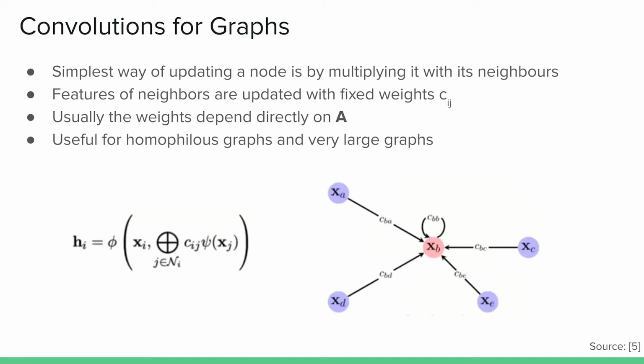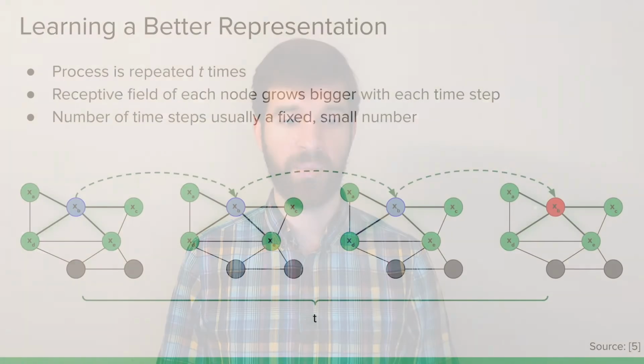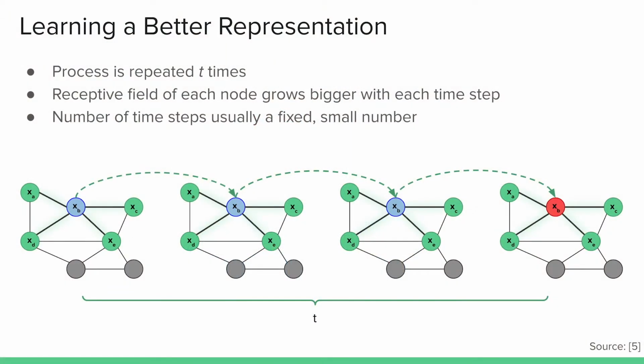This is a basic rule for convolutions on graphs. If we have such a transformation, we can repeat this process a couple of times. Just as we had multiple layers before, here we can also repeat the same transformation a couple of times, t times in this case.